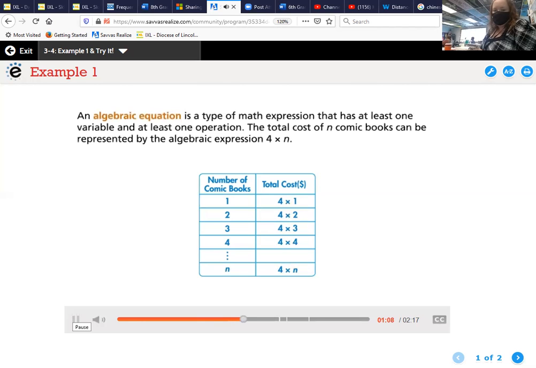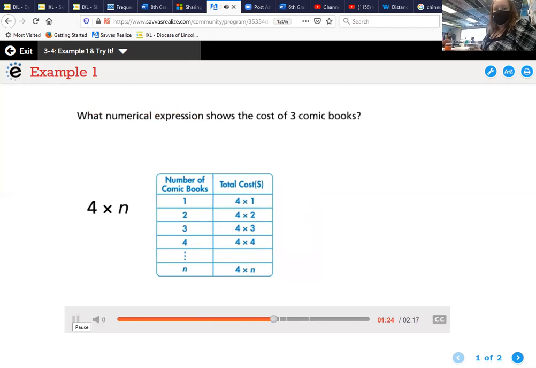An equation is a type of math expression that has at least one variable and at least one operation. The total cost of n comic books can be represented by the algebraic expression 4 times n. What numerical expression shows the cost of 3 comic books?